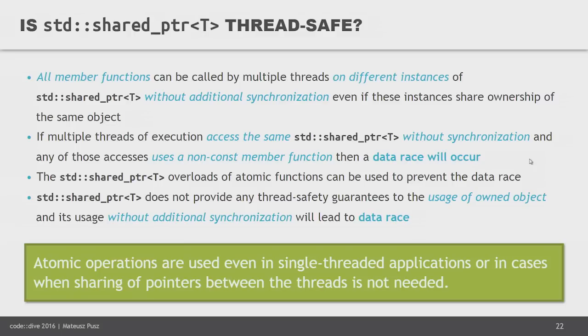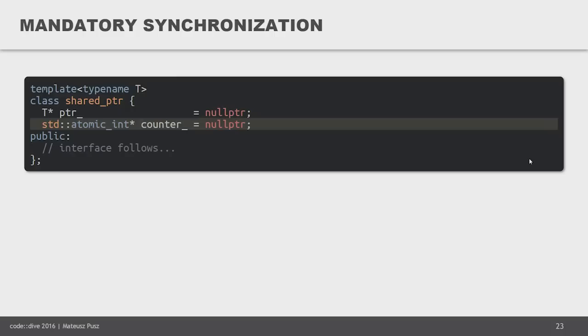So you pay for them even if you are not using them. To make the implementation more complete, we can use an atomic integral value introduced in C++11 as a counter. This is a simplification of the real implementation, but for our purposes, it works correctly. It has a bit more overhead.